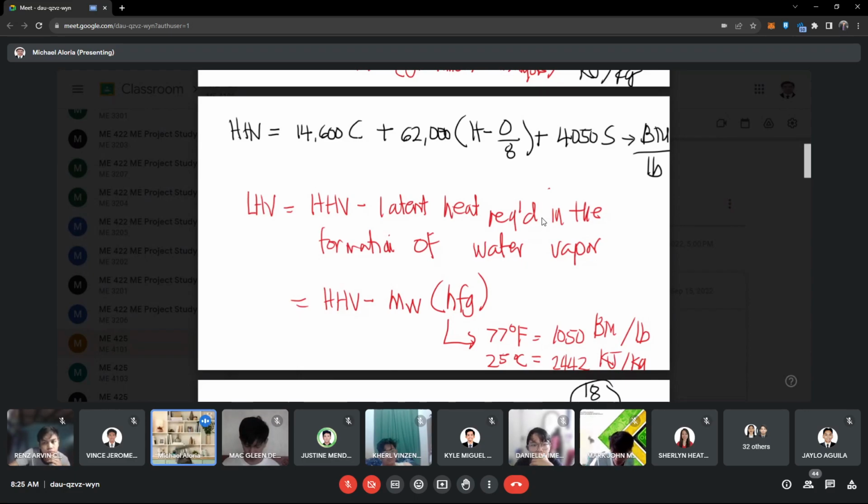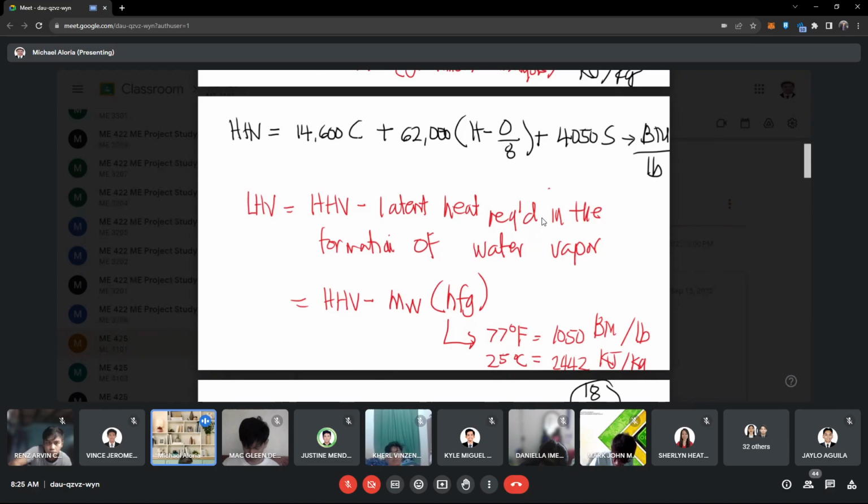Kaya pag itinanggal natin yun, sinubtract natin from the higher heating value, it will become lower heating value. So what would be your latent heat required in the formation of water vapor? This is a function of your mass of water vapor times your HFG, your enthalpy of evaporation, yung Hg minus Hf natin.